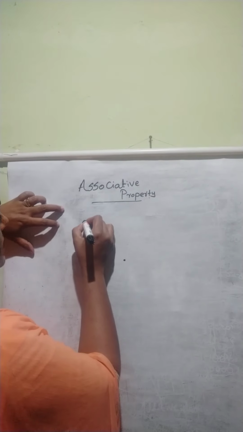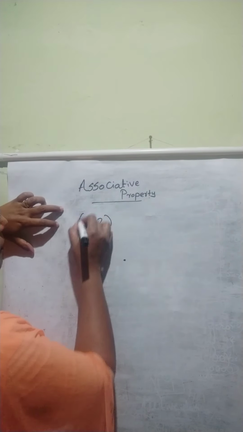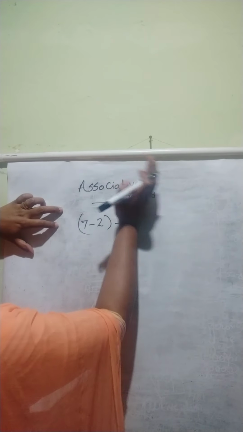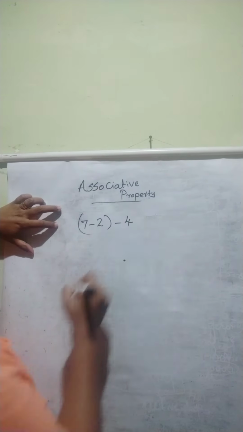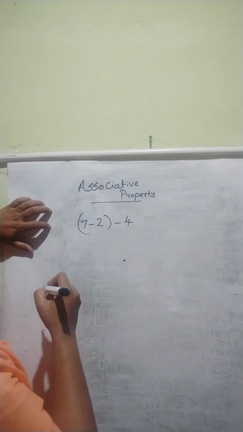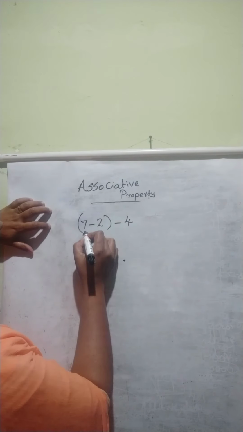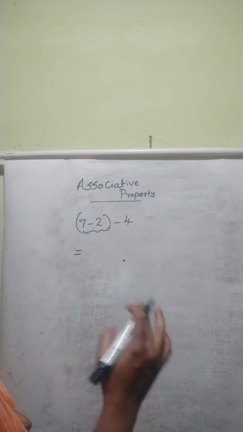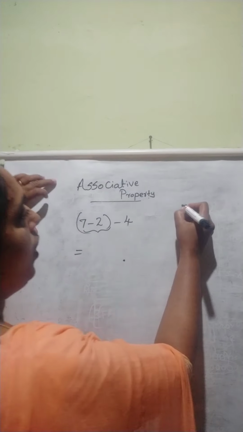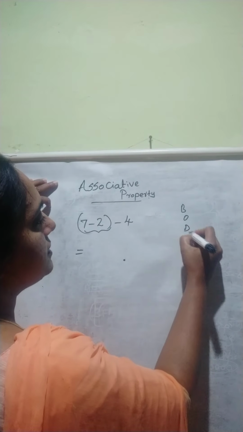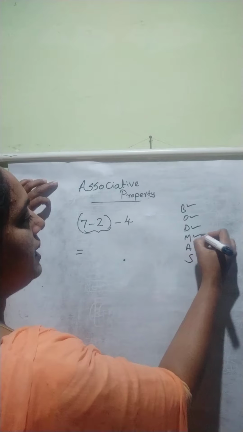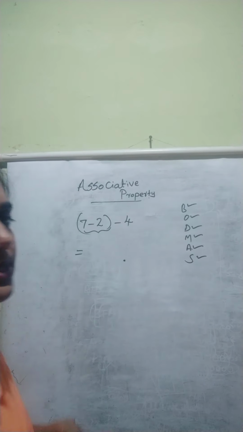First, (7 minus 2) minus 4. What is the answer? First we have to do the calculation in the bracket, following BODMAS: bracket, division, multiplication, addition and subtraction.